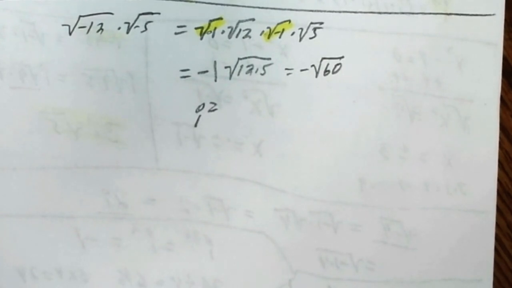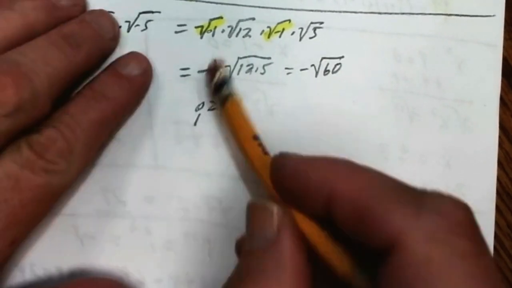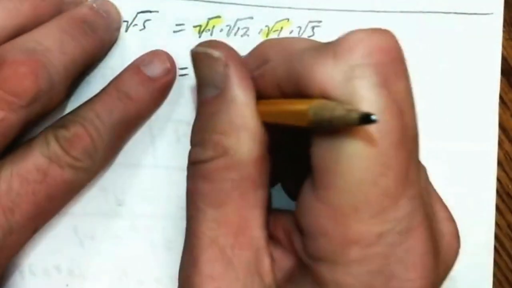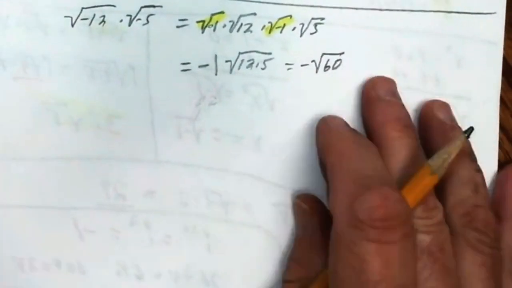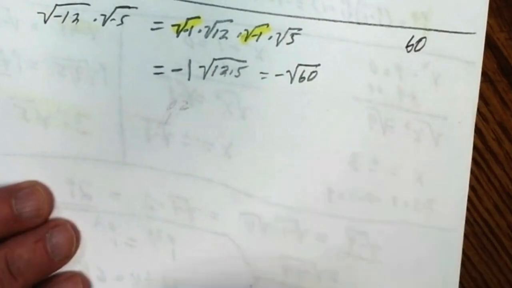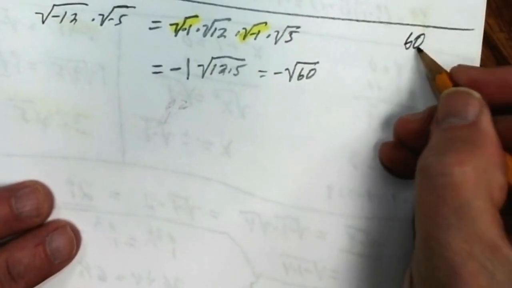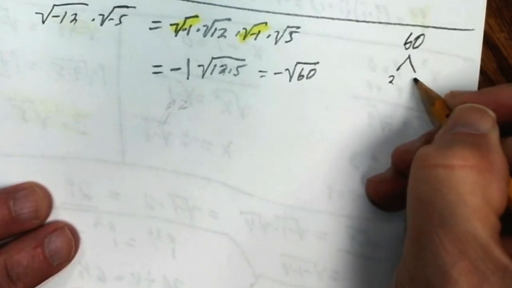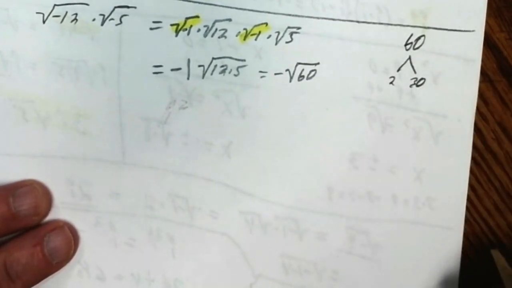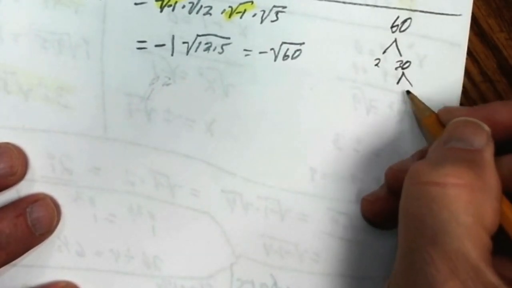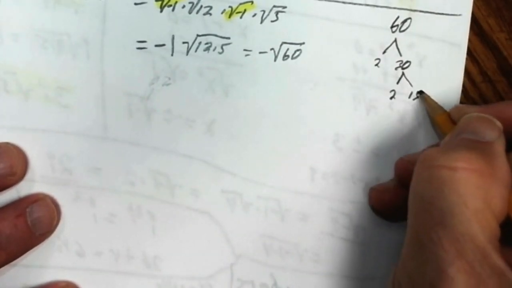How can we simplify 60 to get square roots out of there? All right, if you don't know how, I'm going to break this down to its simplest way. If we're trying to factor out 60, let's break 60 out to the smallest possible numbers. So 60 is the same as 2 times 30. 2 doesn't change. 30 breaks down to 2 times 15.